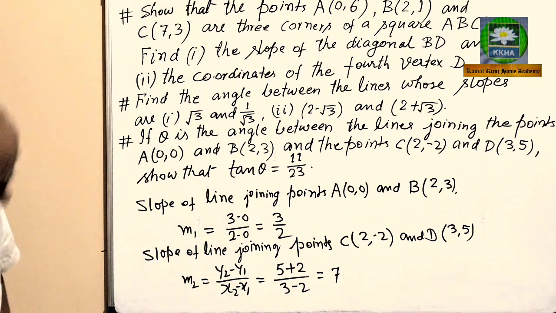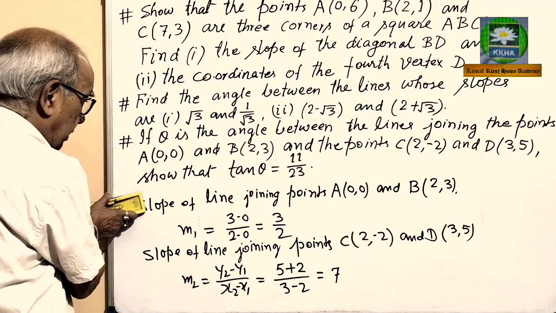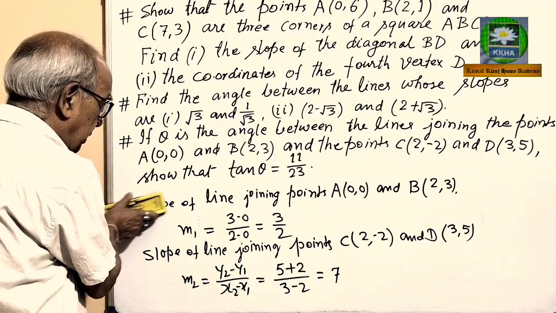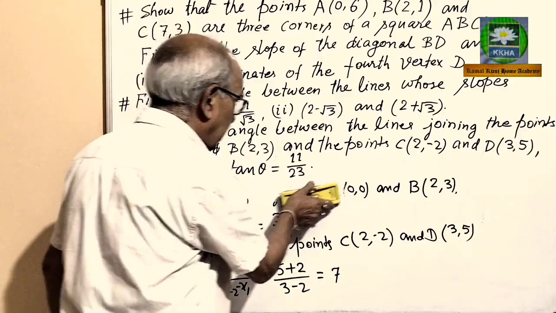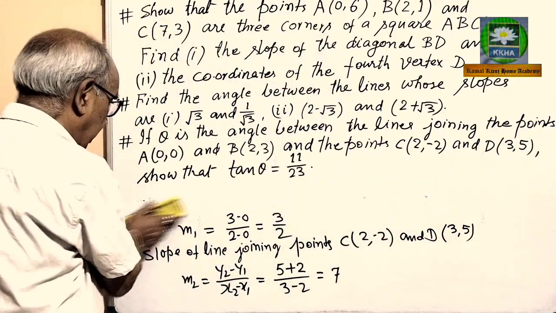So here M1 is equal to 3 upon 2 and M2 is equal to 7.